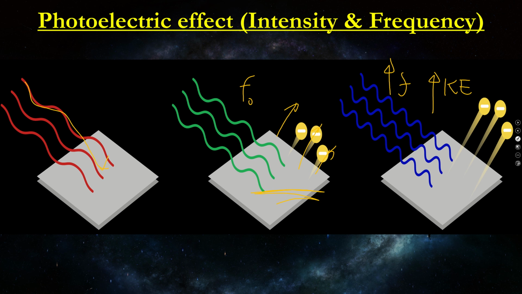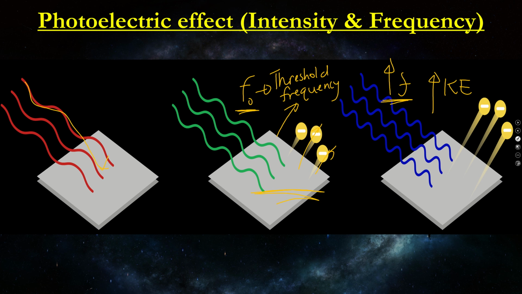So this is what we're going to term the frequency just required to make these electrons get displaced from the piece of metal. We're going to call that the threshold frequency. That's the amount that the photon needs to be at in order to get these electrons to move away from the piece of metal, or be displaced.